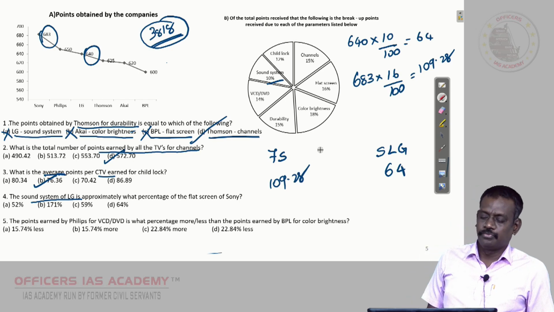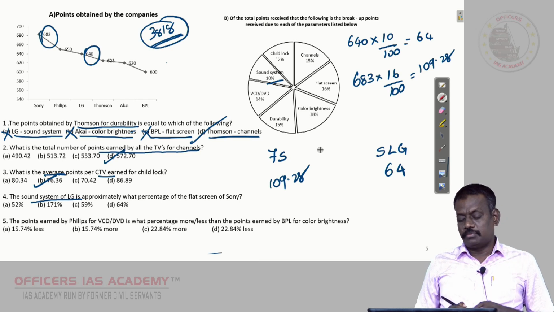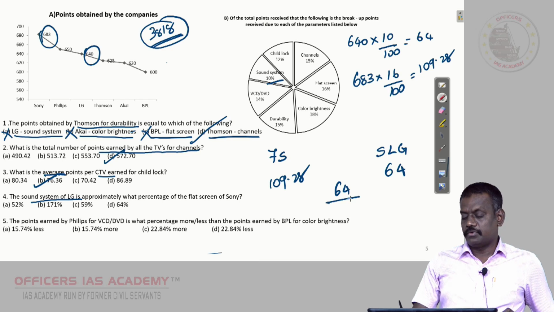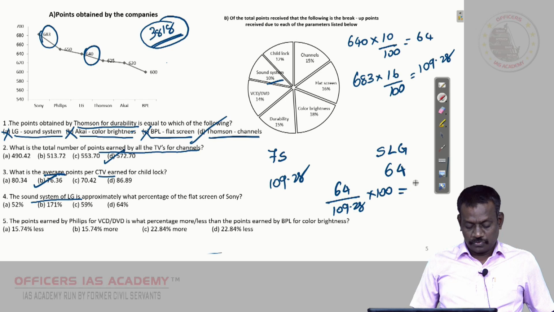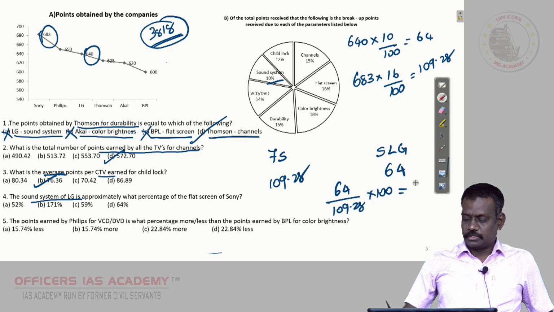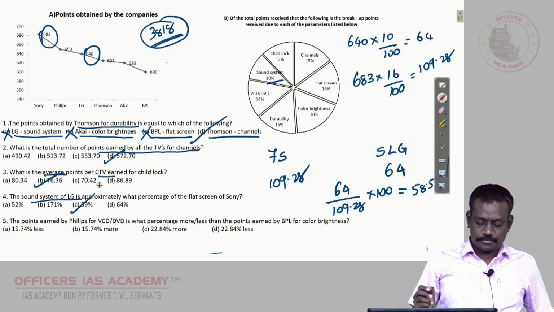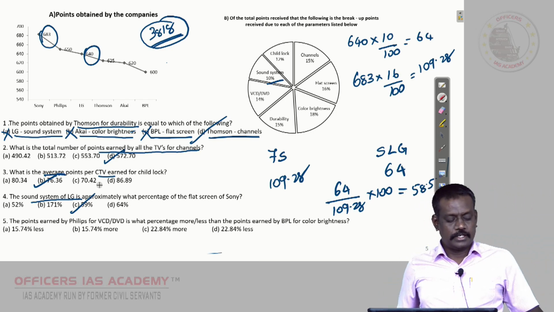Now the question is, the sound system of LG is approximately what percentage of the flat screen of Sony? So you have to divide 64 by 109.28 into 100. You get 58.5, which you can round to 59.